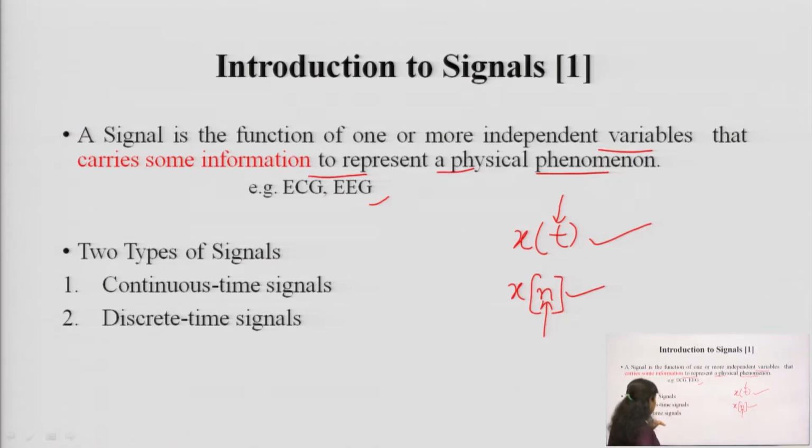So, continuous time signal and discrete time signal, these are the two types of signal which will represent any physical phenomena. So, that is about the representation of signal. The term inside the bracket, whether it is square or round, is the independent variable, and otherwise it is the dependent variable.